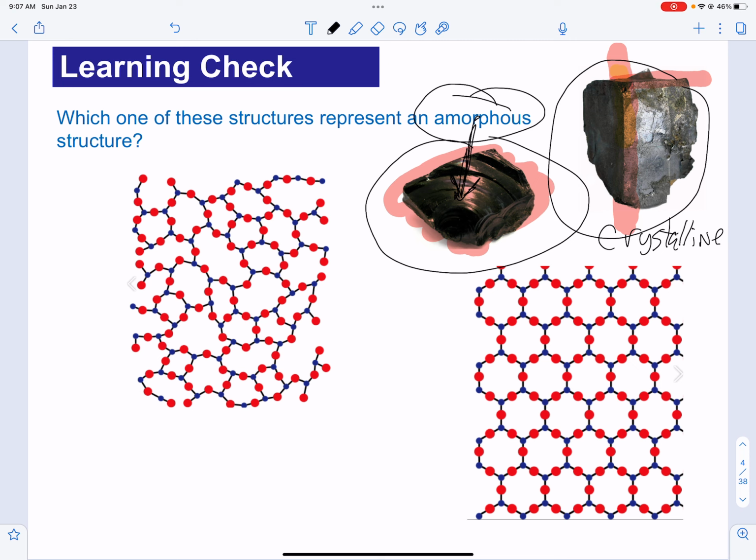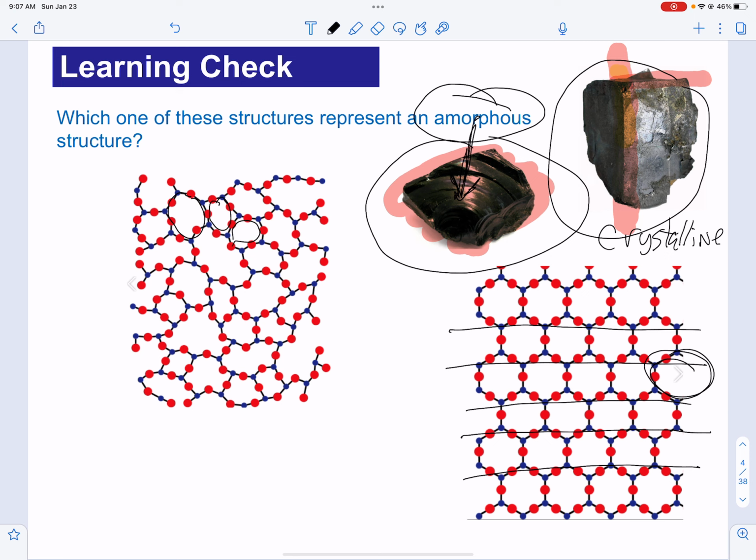And the crystalline, if we look at the molecular level, we're going to see that it has a very defined pattern, and that pattern continues in a 3-dimensional setup. Meanwhile, the amorphous, there's no pattern.